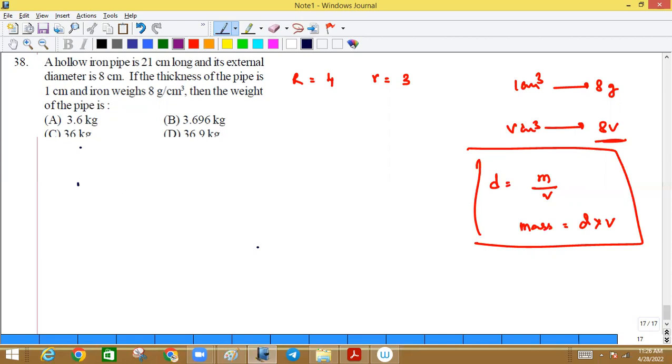So weight or mass, it doesn't matter. In physics, they are different. In mass, they are same. 8 into, what is the volume? 22 by 7 into capital R square minus small r square, as I said. Okay, R values are simple now. 16 minus 9 is 7. And the height is 21. 7, 7 you cancel. How much is it?